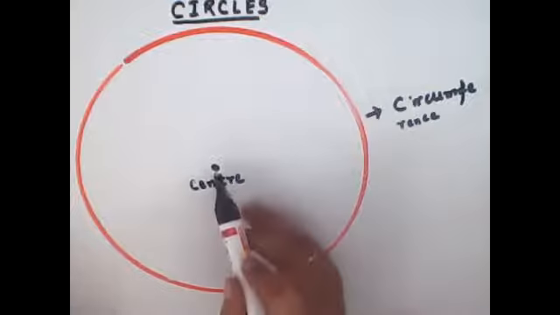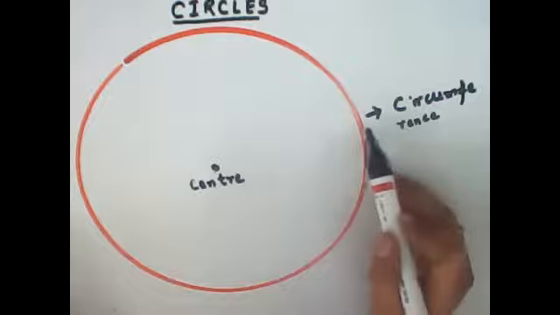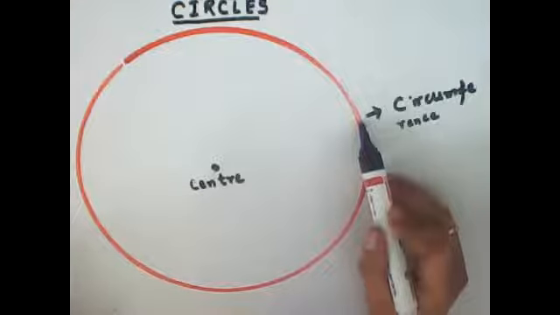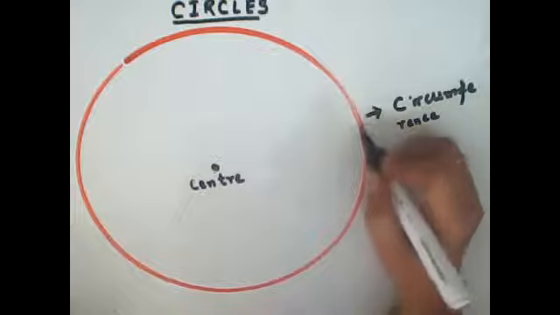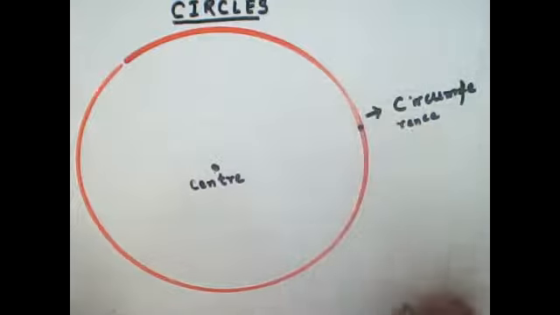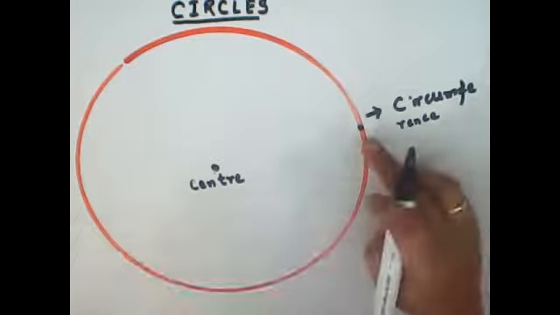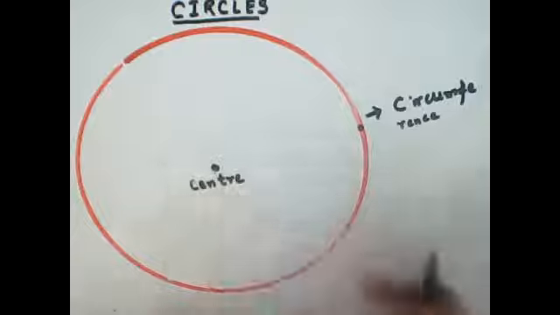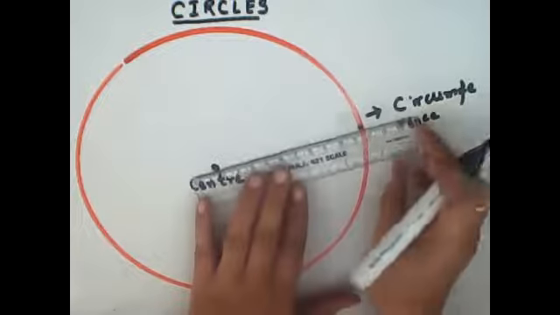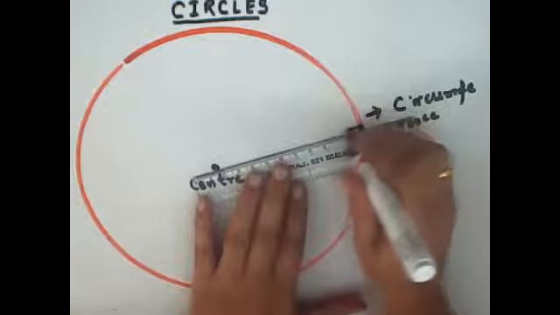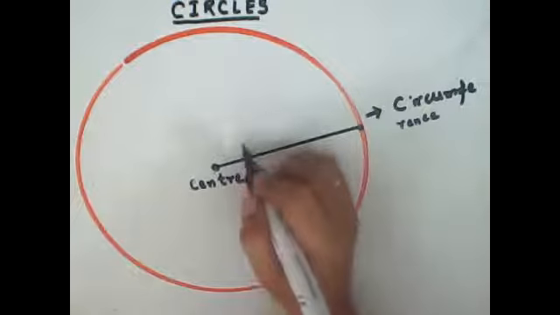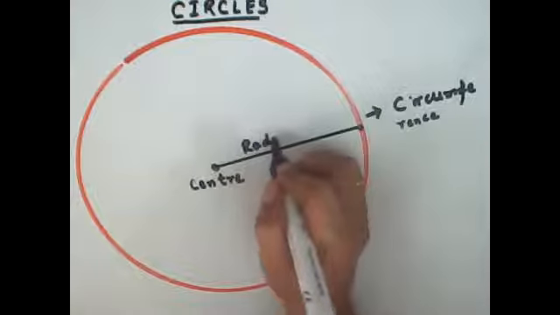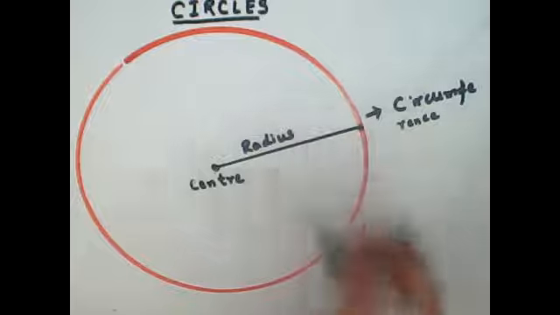The distance of the center from the circumference of the circle, or the line that joins the center of the circle to any point on the circumference of the circle. Take any point on the circumference of the circle, join it with the center. This line is called the radius of the circle.